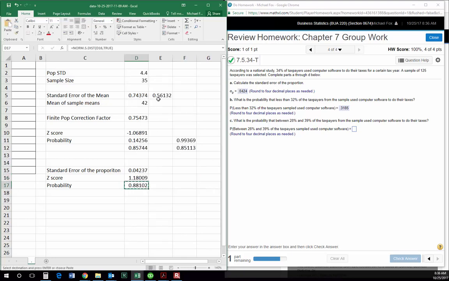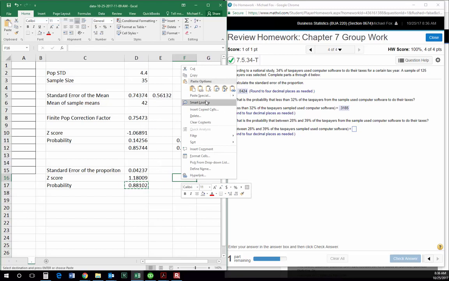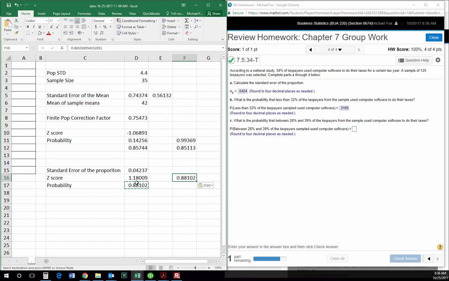This is the probability of my upper limit. And then I'm going to figure out the z-score for my lower limit of 0.28, which gives me a probability of 0.07. And so the probability that it falls between those intervals is the probability of the upper limit minus the probability of the lower limit, or 0.8026.